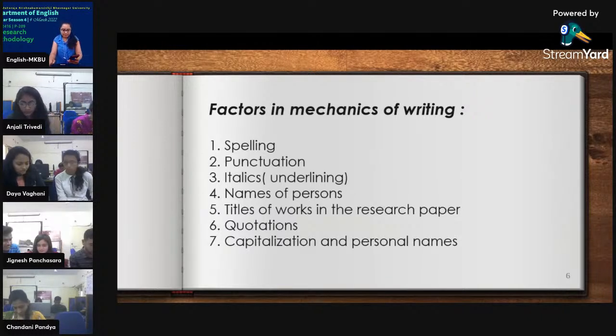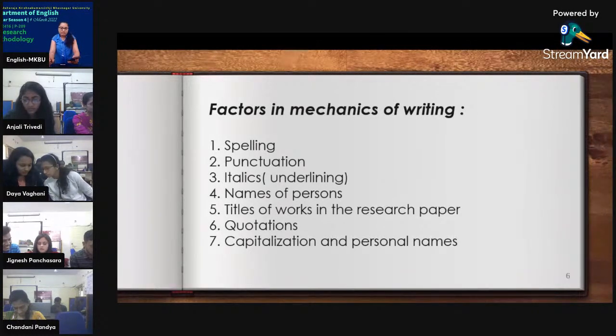If a quotation runs to more than four lines, it should be indented. In capitalization and personal names, the chief reason to capitalize a word is that the word is proper, not because the word has a greater status than other words. A proper noun identifies a specific member of a class.